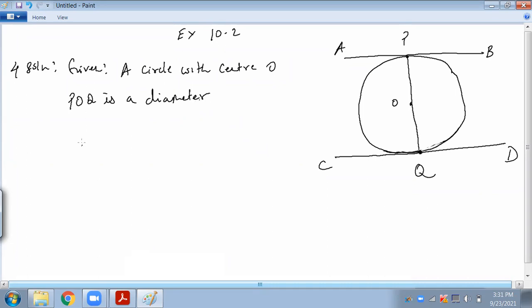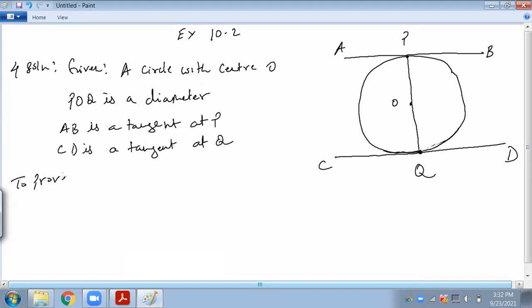Then AB and CD are tangents at P and Q. AB is a tangent at P. CD is a tangent at Q. To prove what? AB parallel CD. Okay, good.